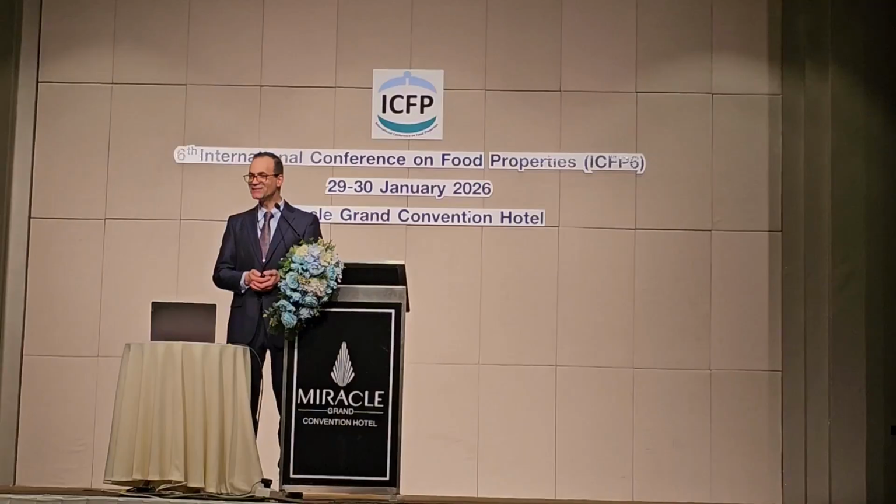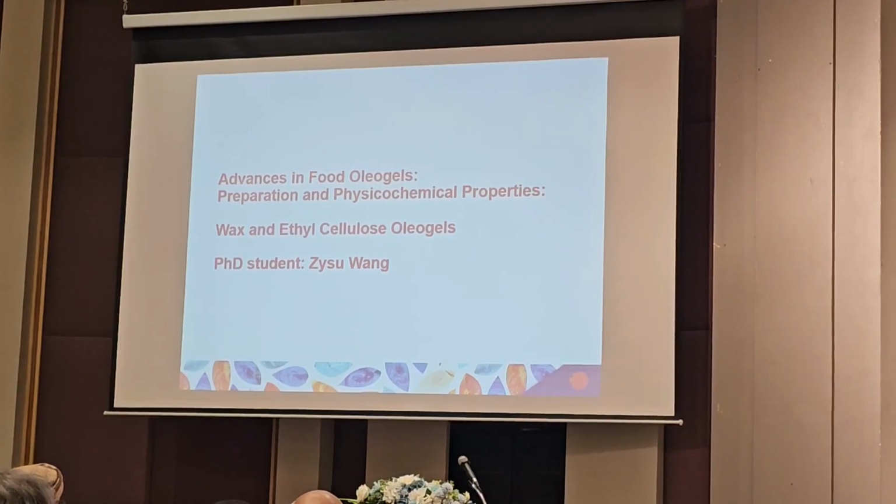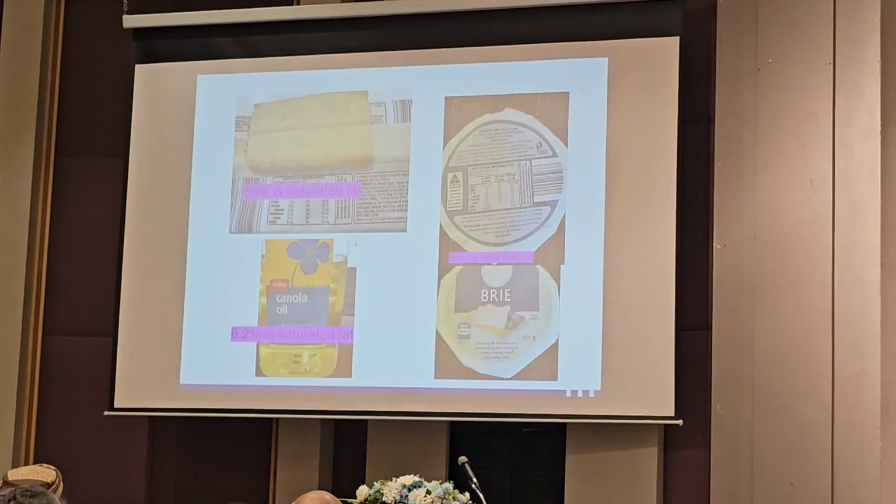I'm from MIT. We will talk about a specific type of oleogel, made from waxes and a biopolymer, ethylcellulose. If we have a look at foods, many foods contain saturated fatty acids.